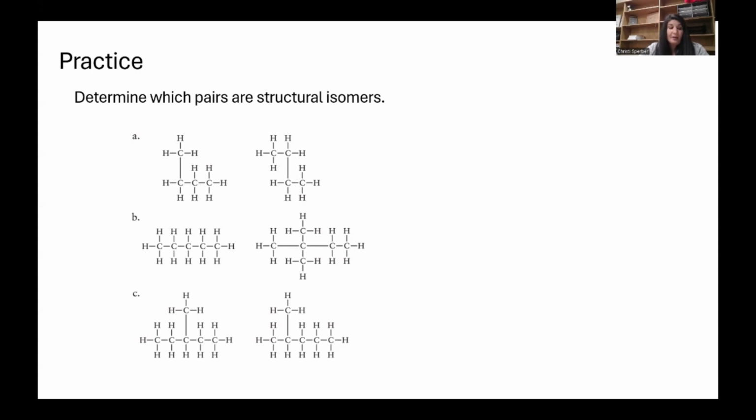Okay, so this first one, what we're going to do is look and see we have 1, 2, 3, 4, C4. Let's count how many hydrogens. We have 1, 2, 3, 4, 5, 6, 7, 8, 9, 10 hydrogens. Over here, we have 4 carbons and 1, 2, 3, 4, 5, 6, 7, 8, 9, 10, H10.